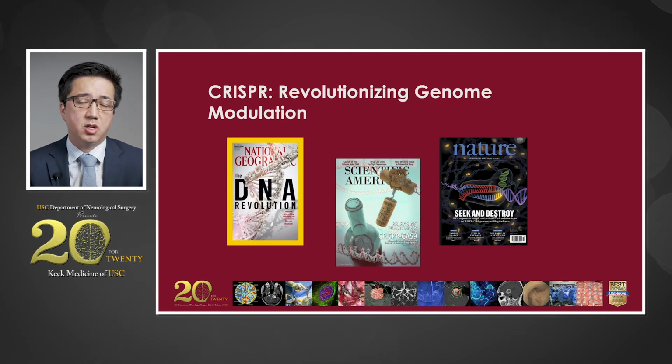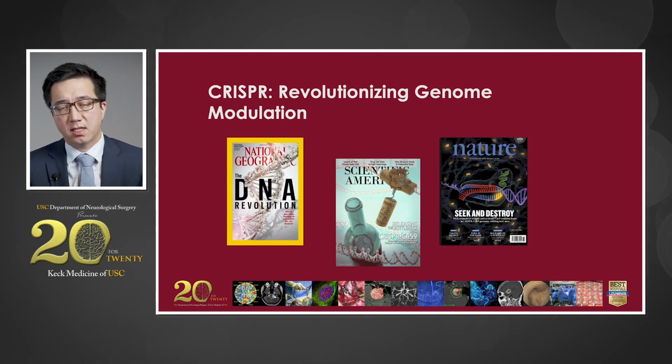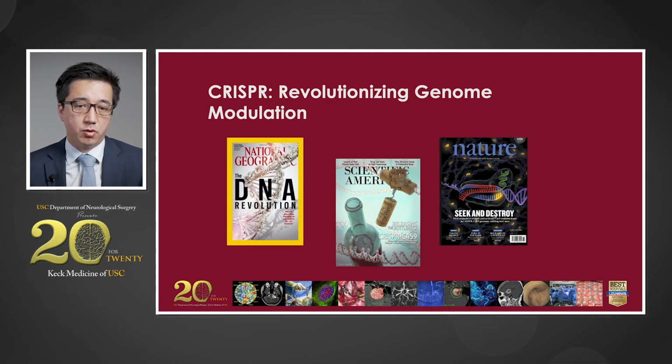So hence my points on gene expression and mutation in the last slide are relevant. And this won the Nobel Prize in October 2020 with Jennifer Doudna and Emmanuelle Charpentier, who first found this ability. And this has come out, these are a few magazines where this ability to change the genome really was touted.